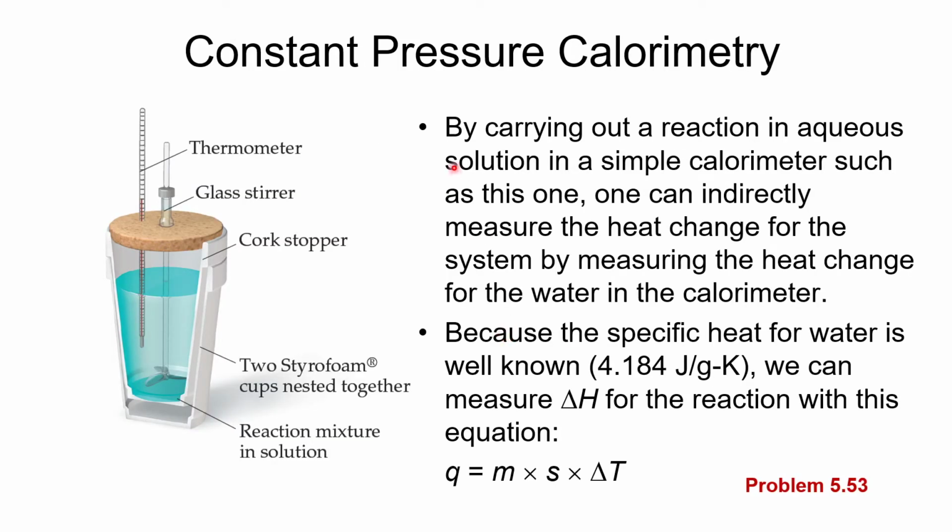All right, so we're going to be looking at something that we refer to as constant pressure calorimetry. And constant pressure, as the name implies, is done at constant pressure. That pressure is atmospheric pressure. The setup for it is pretty simple, which makes it really affordable to do.